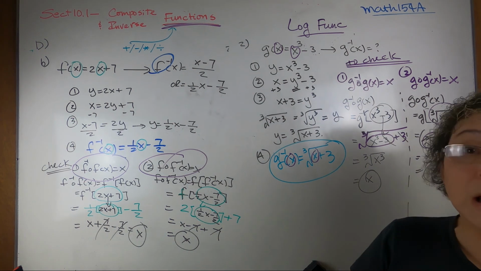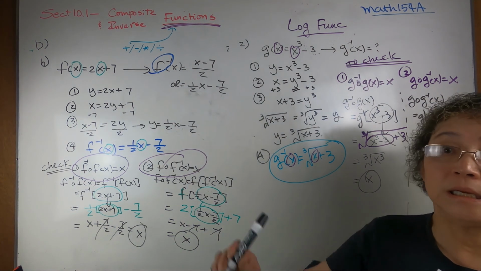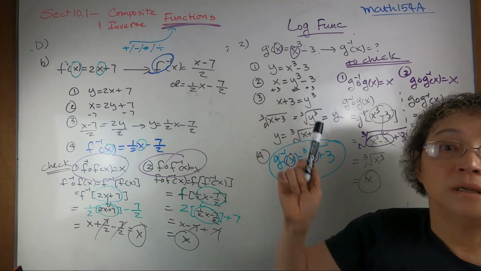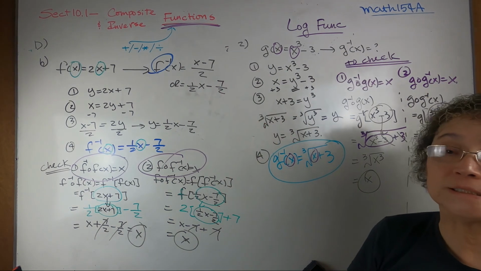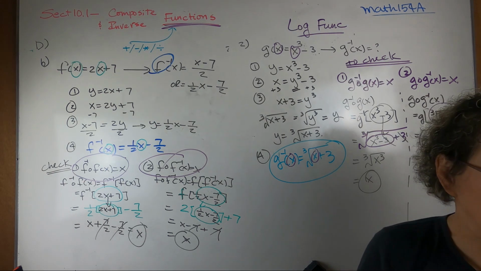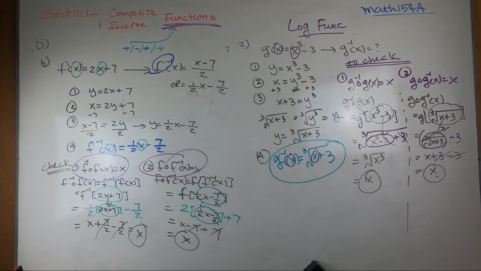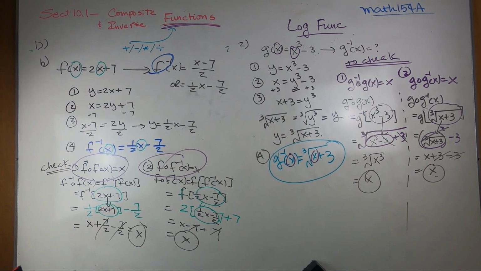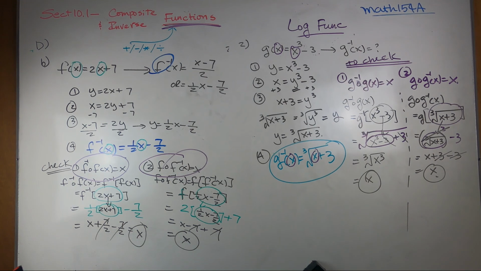So that will be our section 10.1. Two more operations for functions. One is composite function, one is inverse function. Make sure you do homework, otherwise you won't be able to do the test. Are we good?